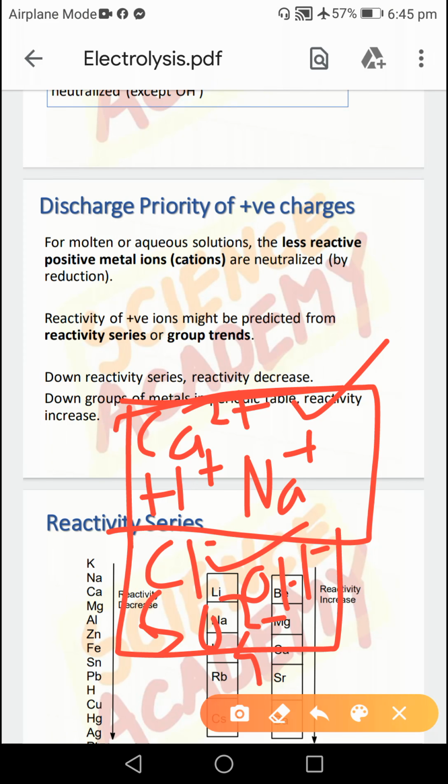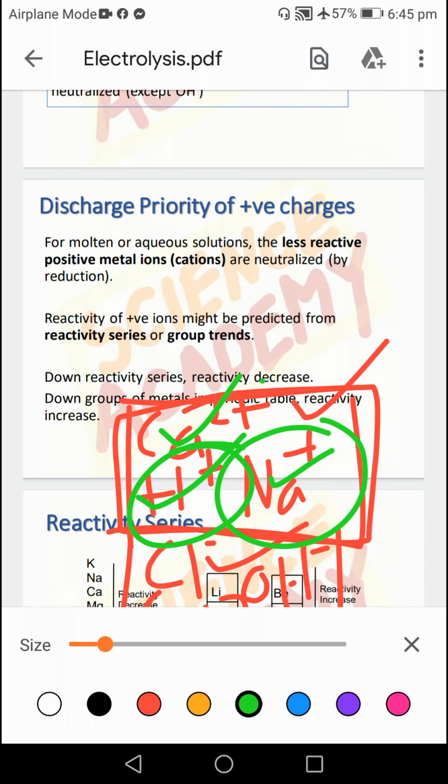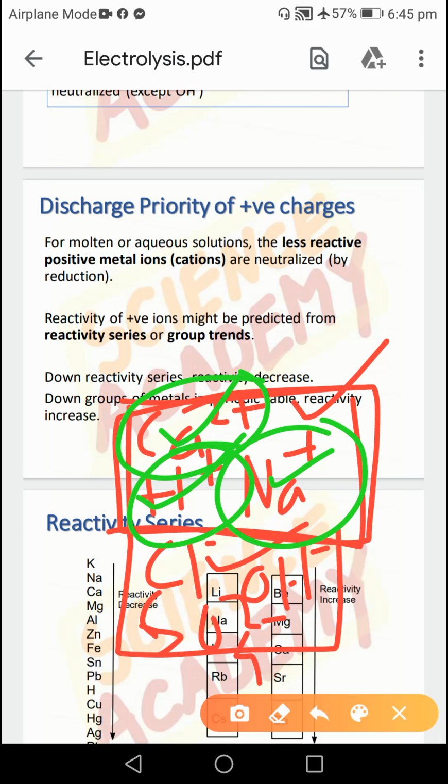When many positive ions are present, not all of them will be discharged, only one of them will be. It may be sodium, hydrogen, or calcium. The same goes for negative ions: only one of them will be discharged. It may be chloride, hydroxide, or sulfate.